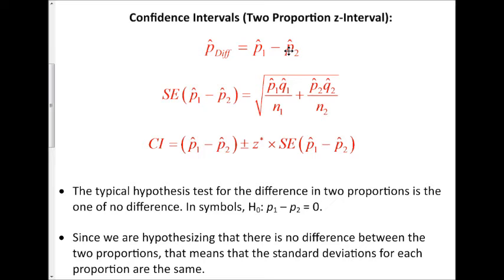They're separate proportions. The standard error for your difference, you have to deal with each of them separately, but the square root encompasses the sum. And those pieces make up your confidence interval.